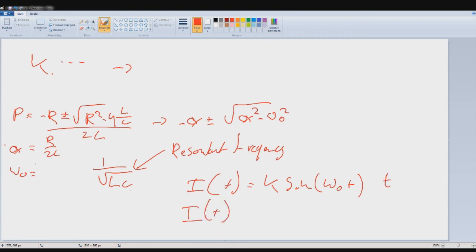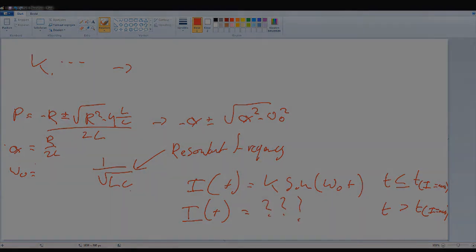So this is when t is less than or equal to t, where I is max, and this is for when t is greater than t max. So what is this? We will find out.